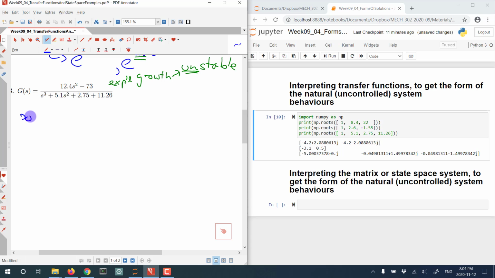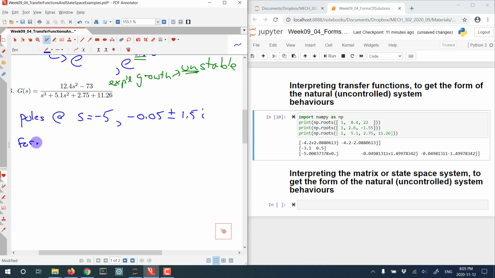So we get the poles at s equals negative 5, and basically plus 0j, so we can ignore that. The other ones are complex, so negative 0.05 plus or minus, let's call it 1.5 i's.